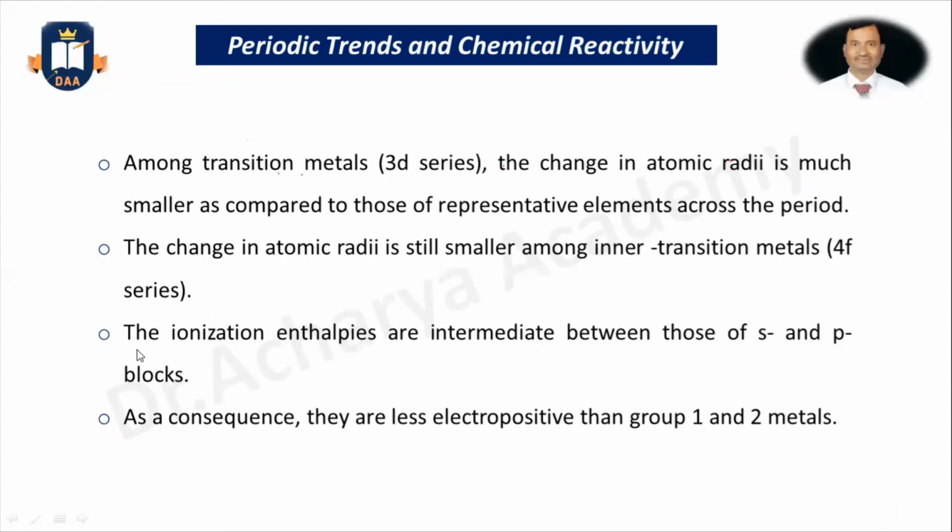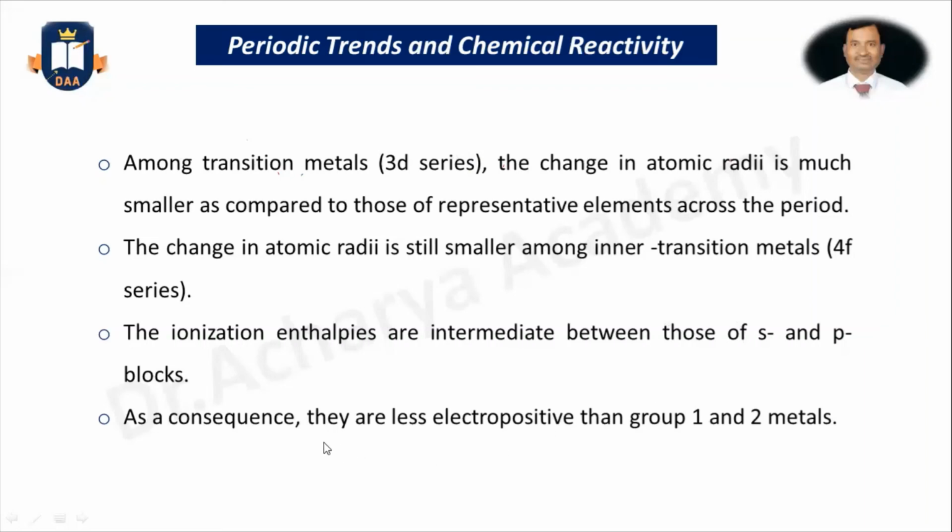So that's why the ionization enthalpies are intermediate, because this 3d series or 4f series stays in between the extreme left s block elements and the extreme right p block elements in the periodic table.